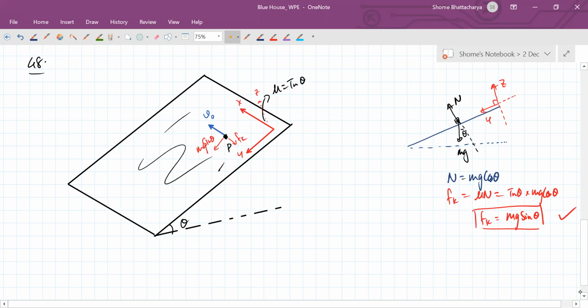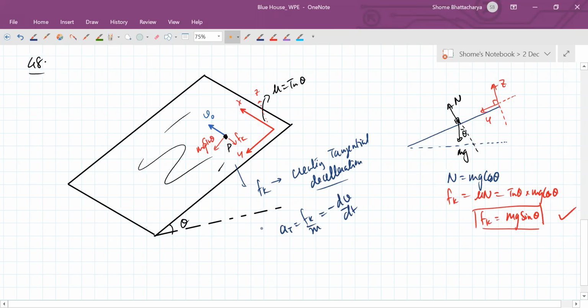Now coming back to this, what we'll understand is that in this diagram, kinetic friction is creating tangential deceleration. So your tangential acceleration, which is kinetic friction divided by mass, is minus dv by dt.